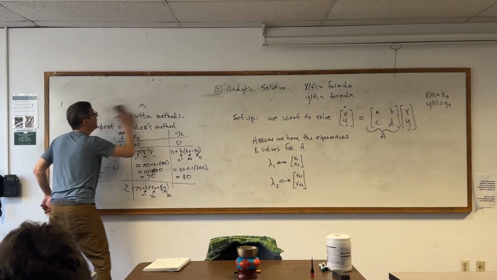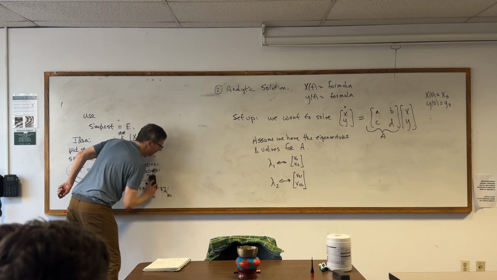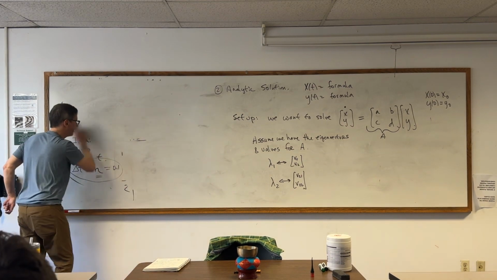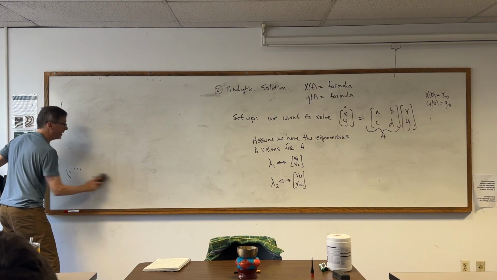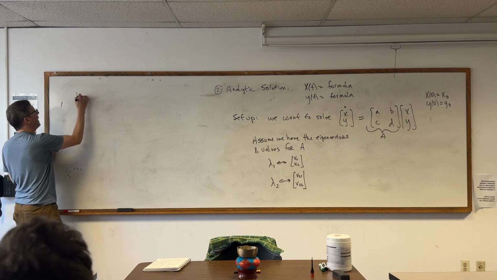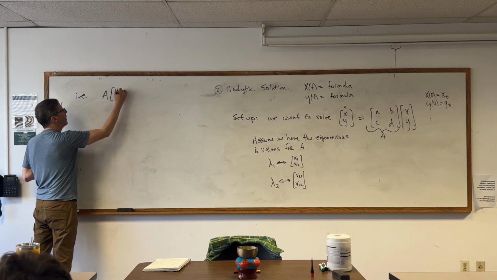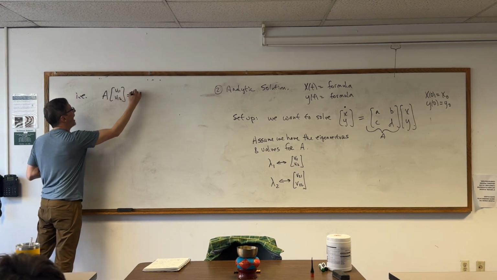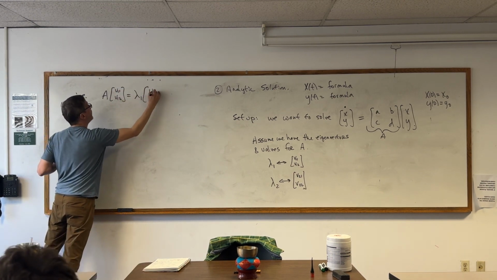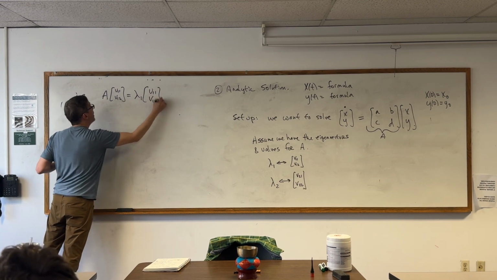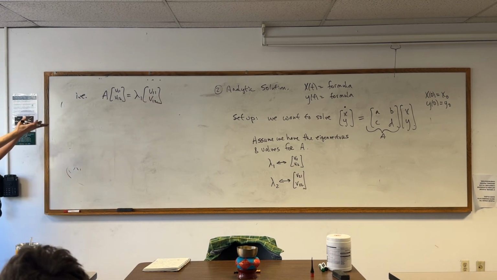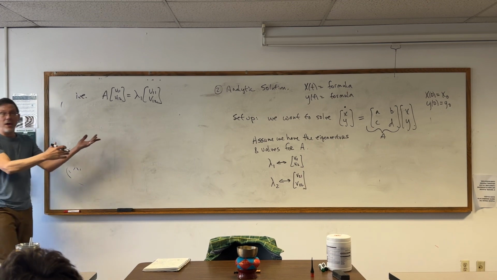So what I'd like you to notice is this. Let's summarize what that means. If I take the matrix A times v11, v12, I get out lambda 1 times v11, v12. That's the definition of eigenvalue, eigenvector pairs.